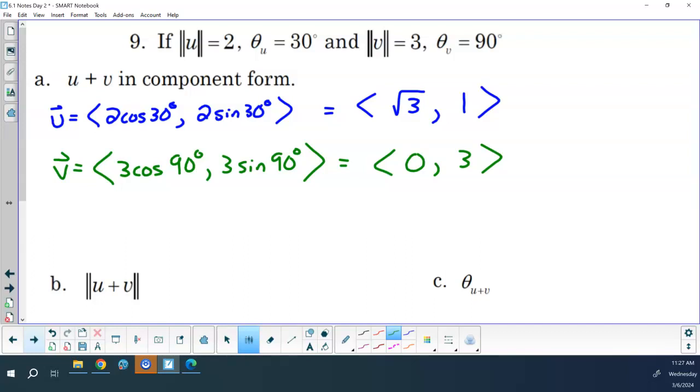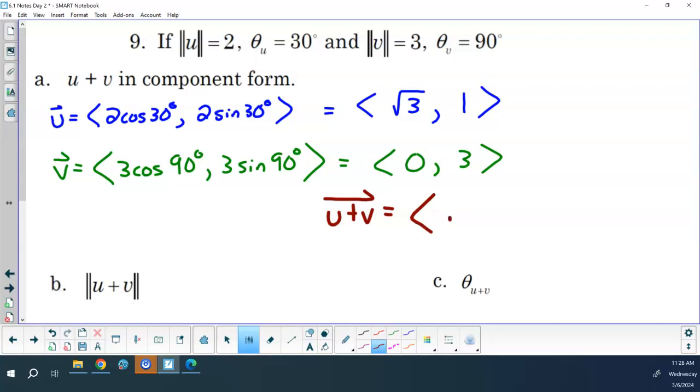Okay? So, I want to find vector u plus vector v in component form. So I add these two columns, right? So what is vector u plus vector v in component form?